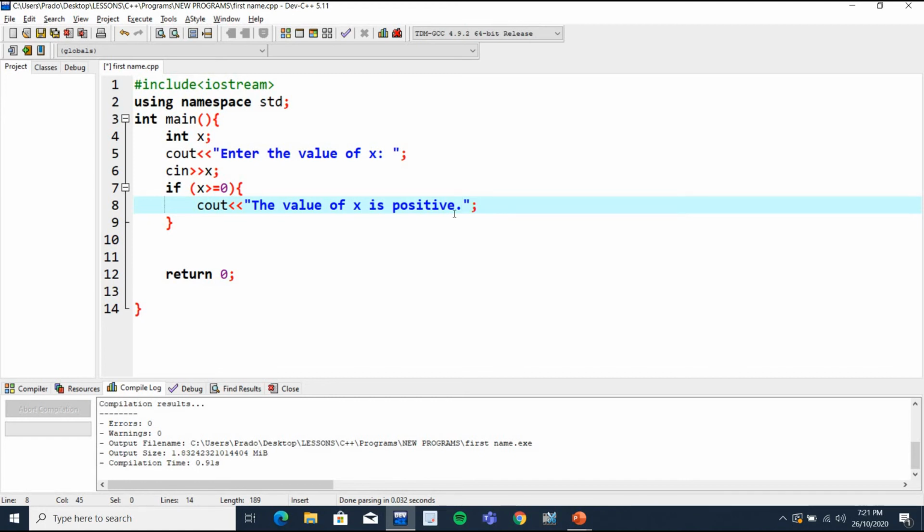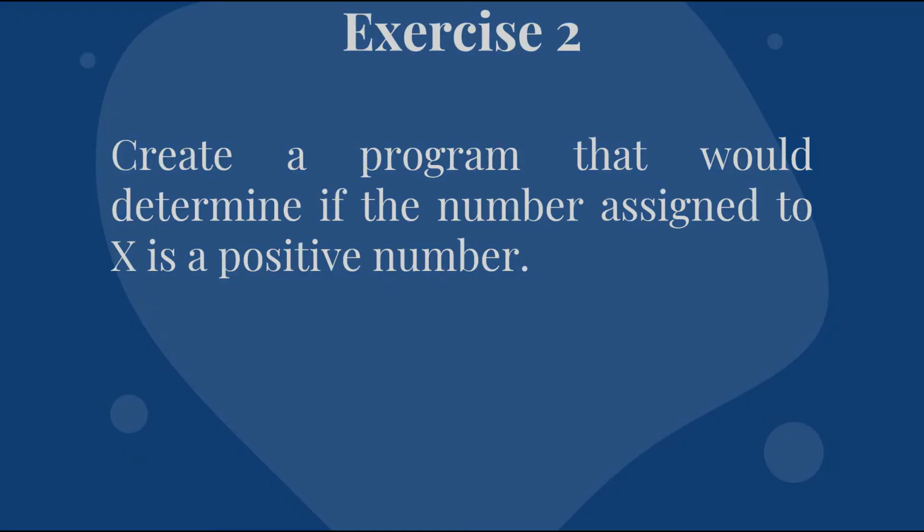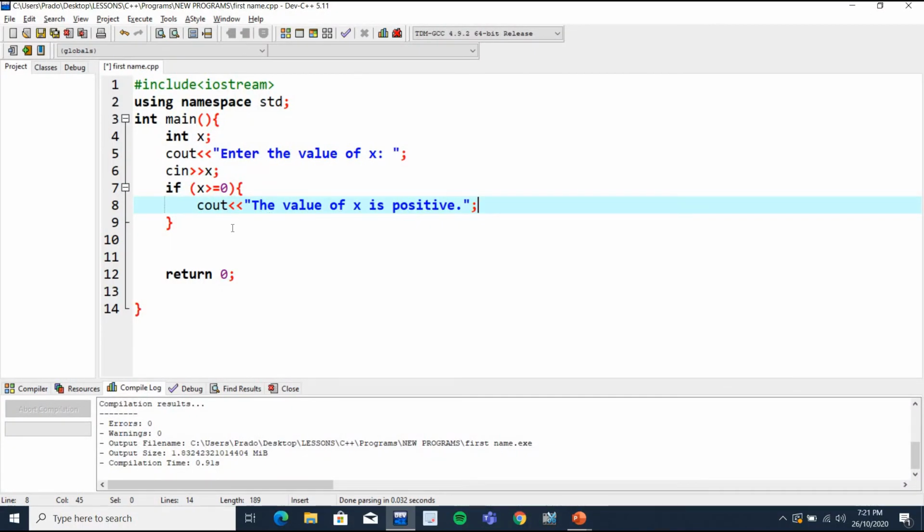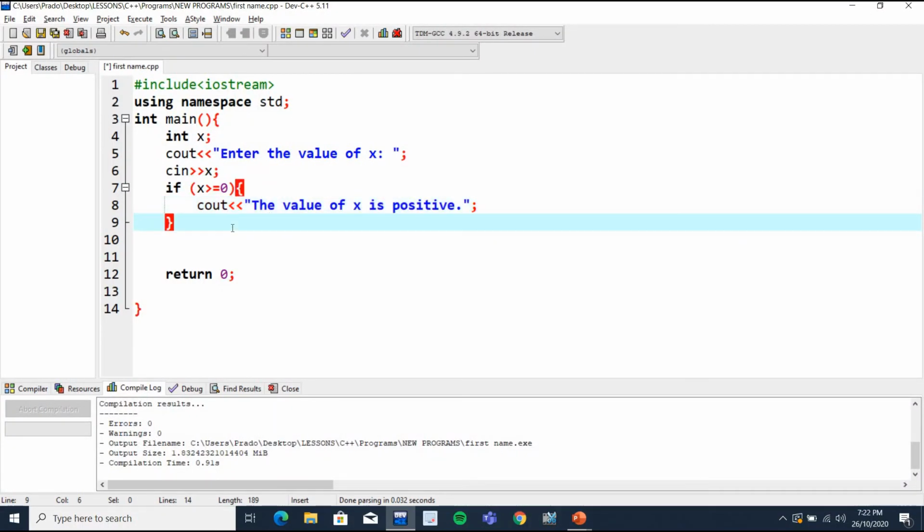And then, we will run the program kasi tapos na po yung mismong program natin. Kasi, sabi nga dito kanina, it is executed only if the logical condition evaluates to true. So, kapag nag-false siya, ibig sabihin negative, automatic na pong mag-e-end yung program. Kasi isa lang naman yung condition natin. So, true lang. Wala pong false. So, run na po natin yung program.